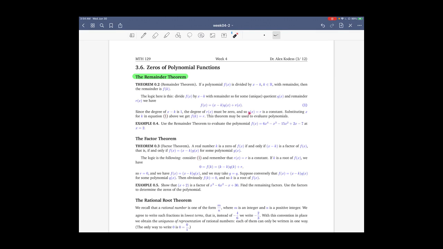I can write r of x equals r to signify that the polynomial r does not really depend on the variable x.